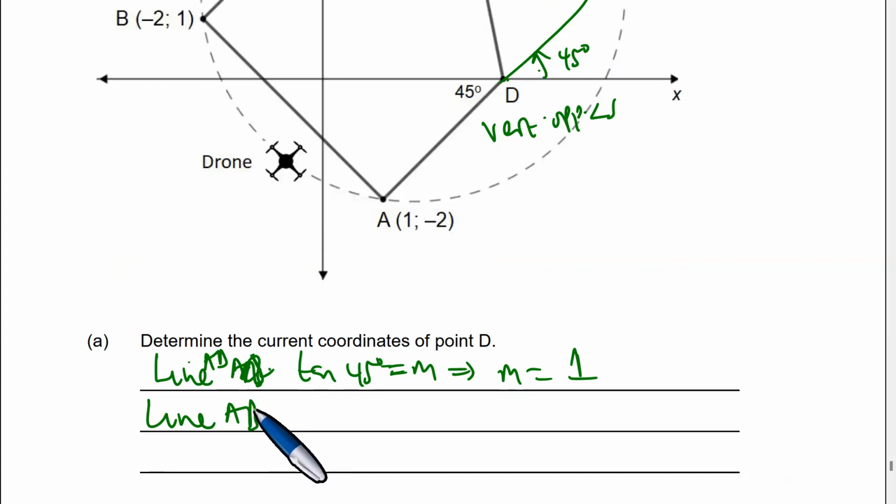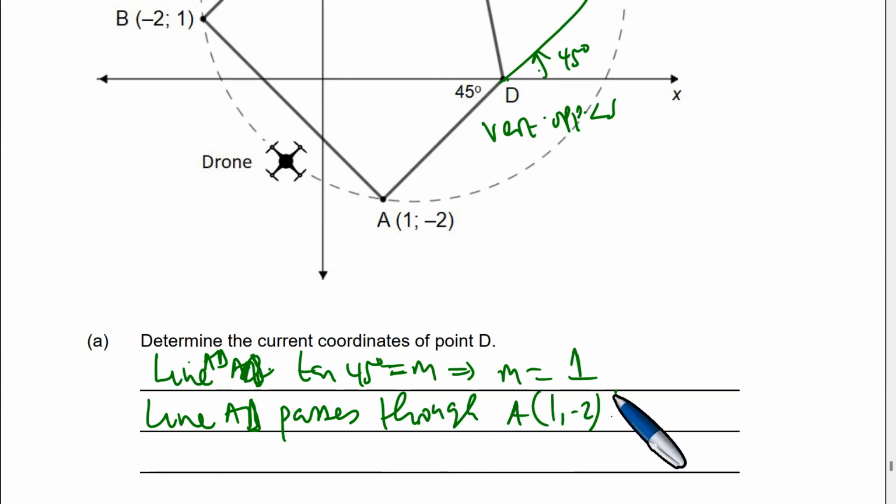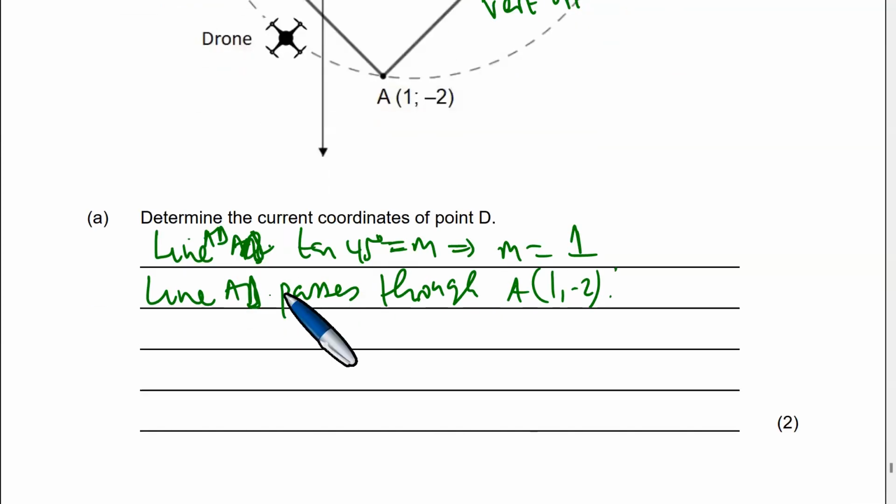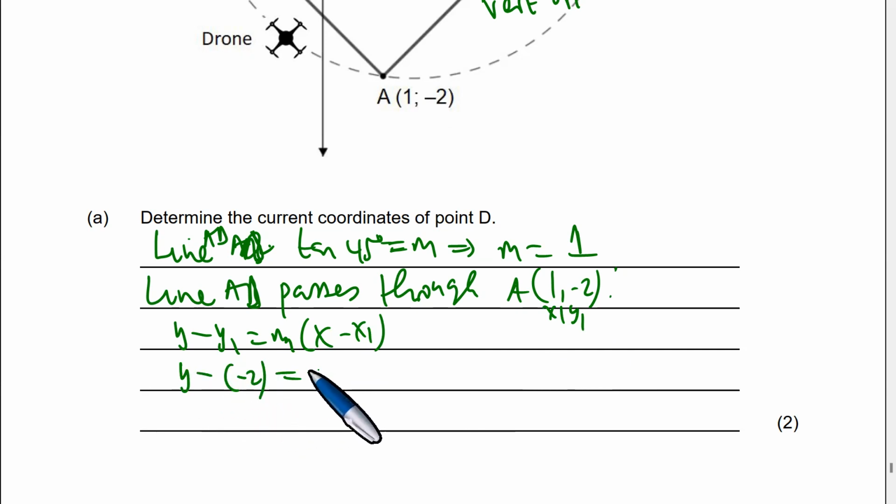Line AD passes through A with coordinates 1 and minus 2. Y minus y1 equals M into x minus x1, with x1, y1 being 1 and minus 2. Y minus minus 2, the gradient is 1, times x minus 1.